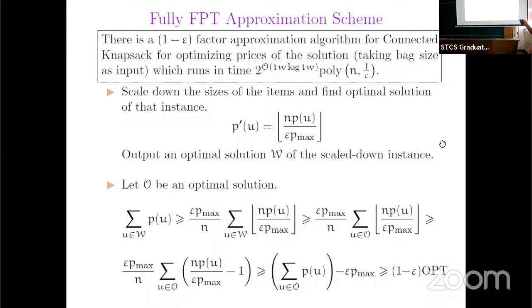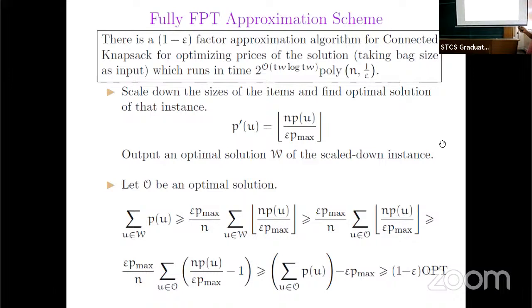The runtime is treewidth to the treewidth times n times this. These prices are small, poly n. It's poly of n comma 1 by epsilon. So what is the algorithm? You scale down, find the optimal solution W and output that, and hope that it's a good enough solution. So let's show why it is a good enough solution.